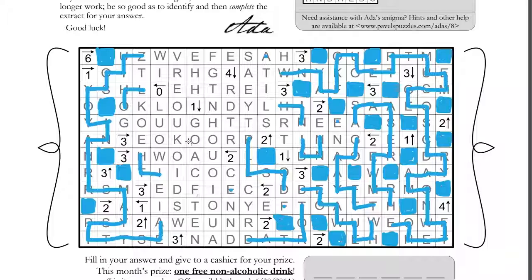Could I rule any of them out? I don't think so. Nothing's popping out at me. If we're there, that would have to go that way, that would have to go that way. That's okay.